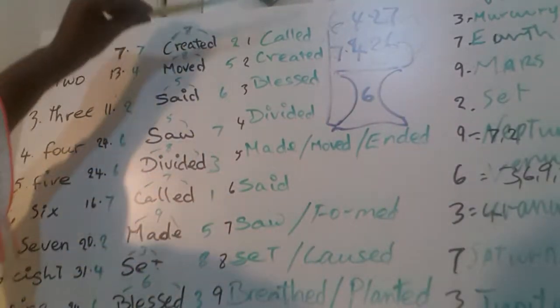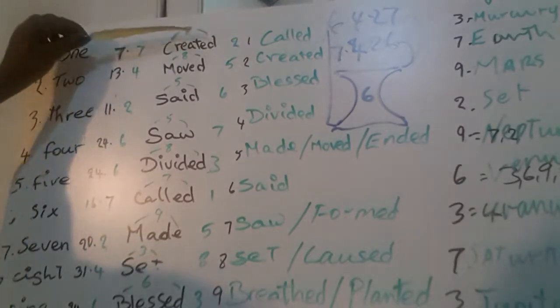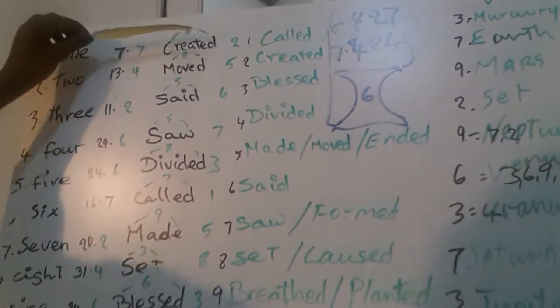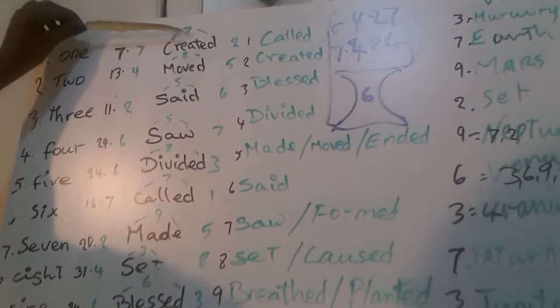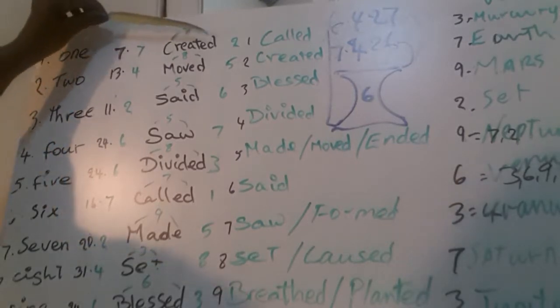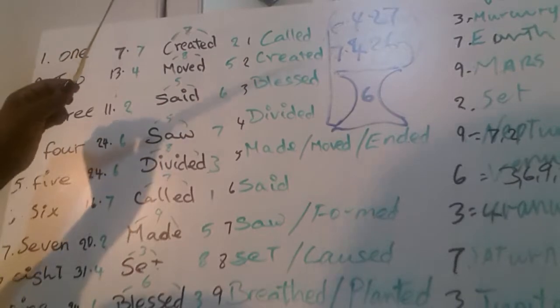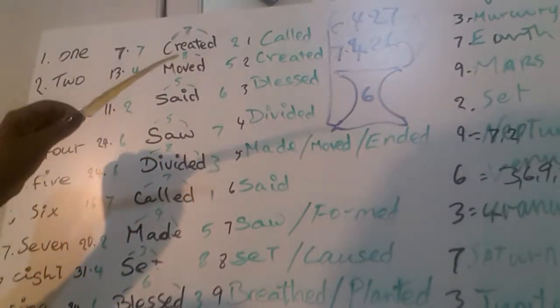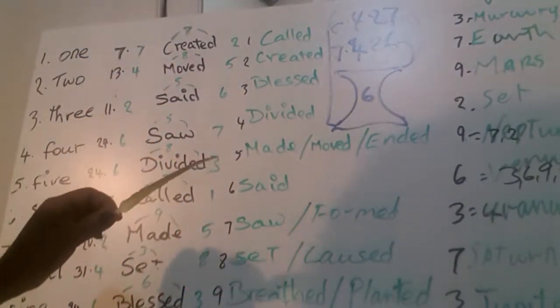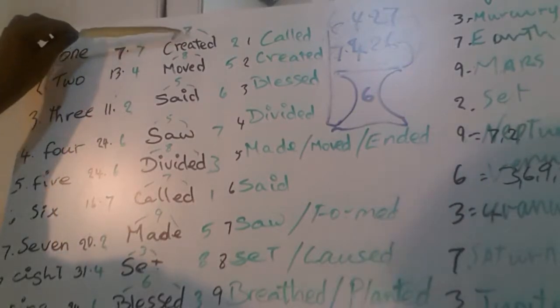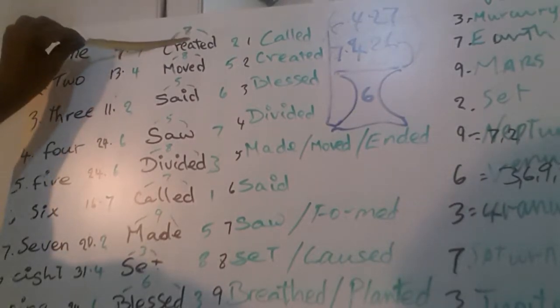Okay, so there we are with the numbers. Now, what we have found out, having looked at the gods in their position in the Bible, is that the first God was the created God, stated in the Bible when it says in the beginning God created the heavens and the earth, meaning the first God mentioned here was the created God.